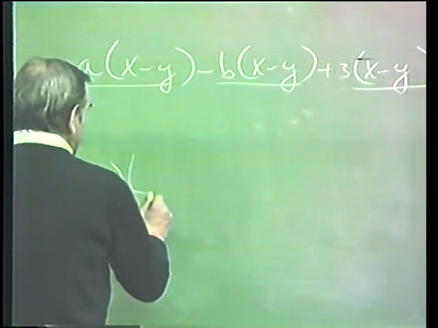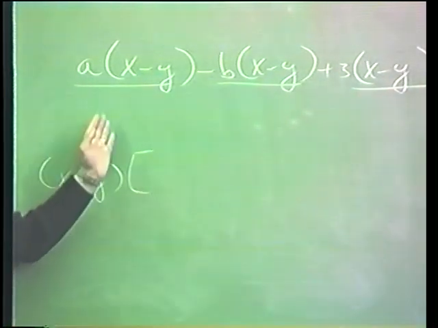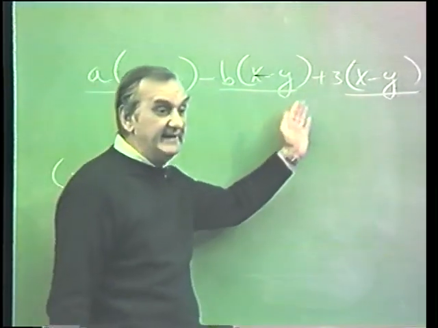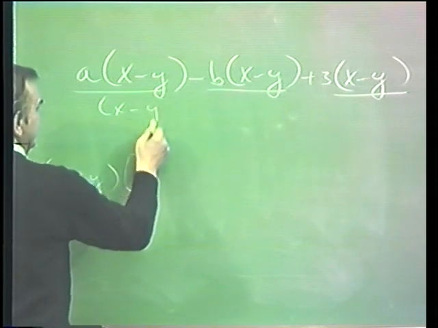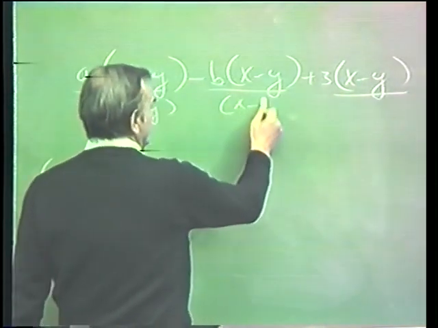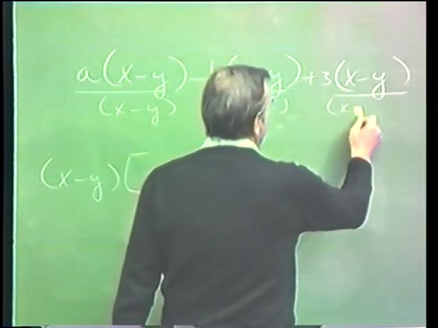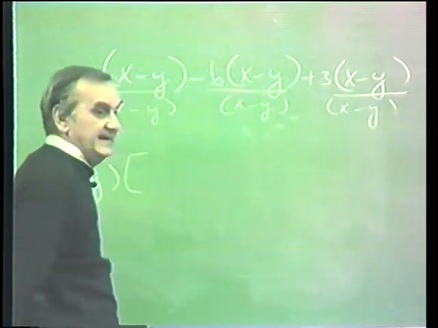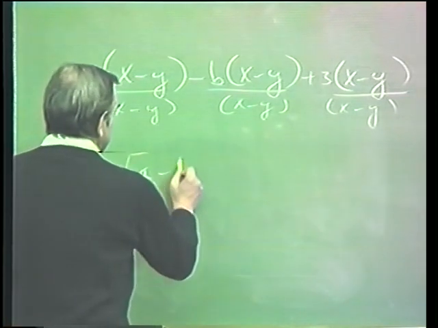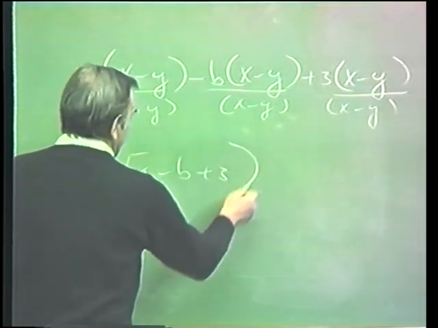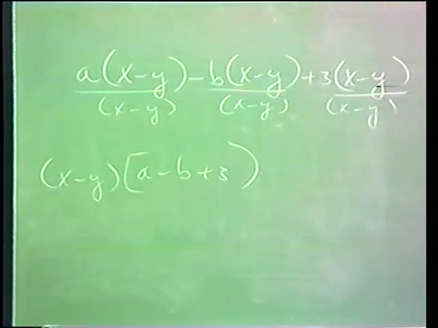Once you determine what goes outside, to get what goes inside, you divide each of the originals by what you have extracted. So we're going to divide each of these 3 terms by x minus y. If I do that correctly, what am I going to get for answer? A minus b plus 3. A minus b plus 3 times the quantity x minus y.